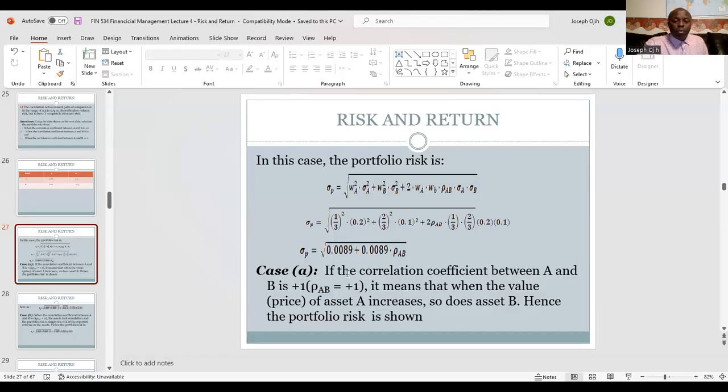Okay, 0.0089. So I repeat the same process for this side, but remember, we don't have the value for the correlation coefficient rho AB, but we're going to multiply the numbers out anyway.